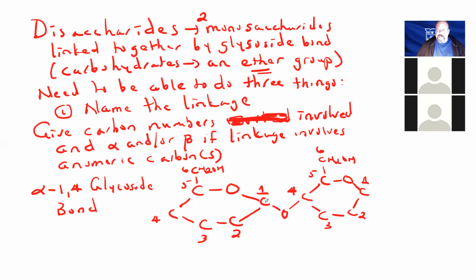And what do we call downwards in terms of carbohydrates and Haworth structures? We call that alpha, especially for the fact that it's coming off an anomeric carbon. So this linkage would be what is known as an alpha 1,4 glycoside bond or glycoside linkage. So that's the first one that we came across. The second one we came across was a beta 1,4 glycoside bond.